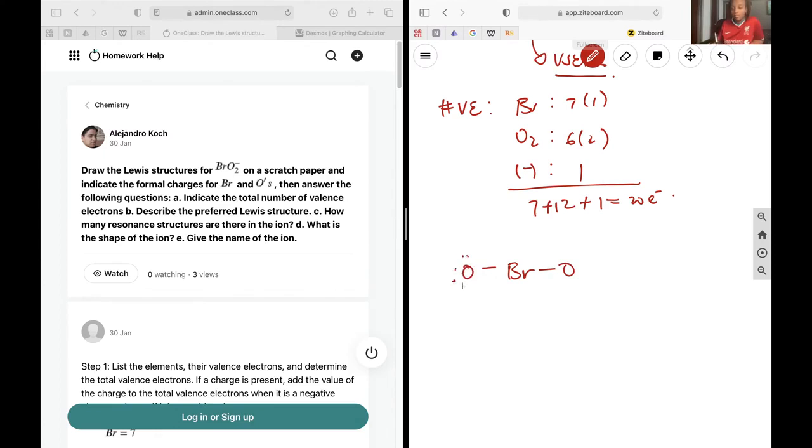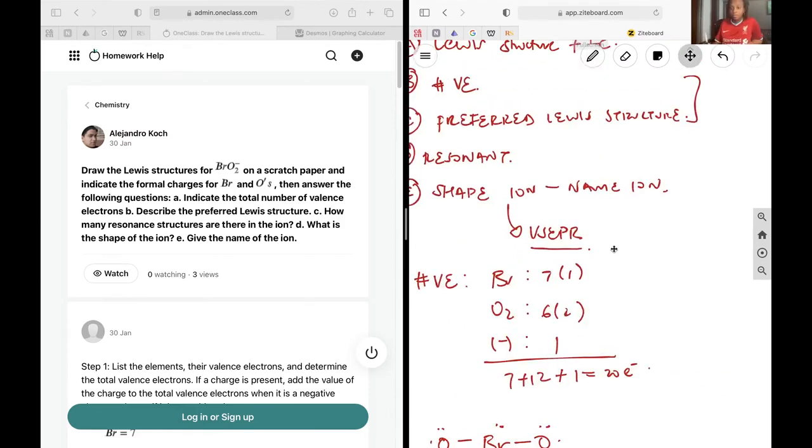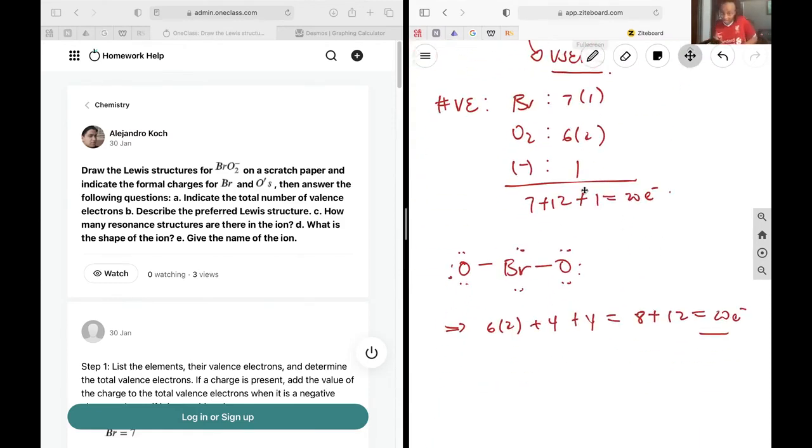We can fill in everybody's octet and see what will be left over. Okay, so with this configuration, I have 6 electrons in lone pairs on each of the oxygens, plus 4 lone pair electrons on my bromine, plus 4 in the 2 bonds. And so that's going to give me 8 plus 12, which is indeed 20 electrons. So yes, my 20 valence electrons have been taken care of, but this is where the formal charge becomes very important.